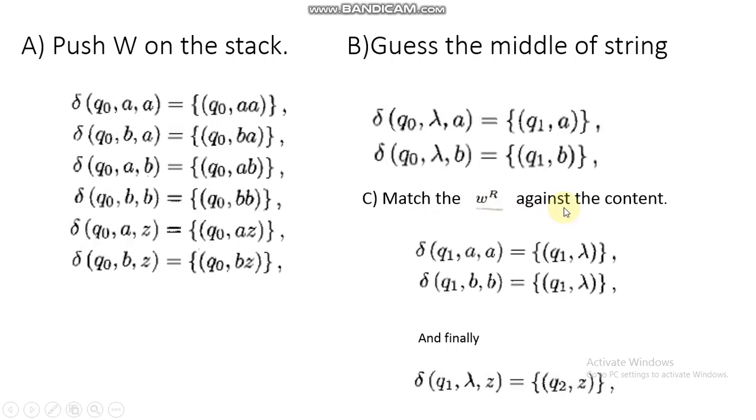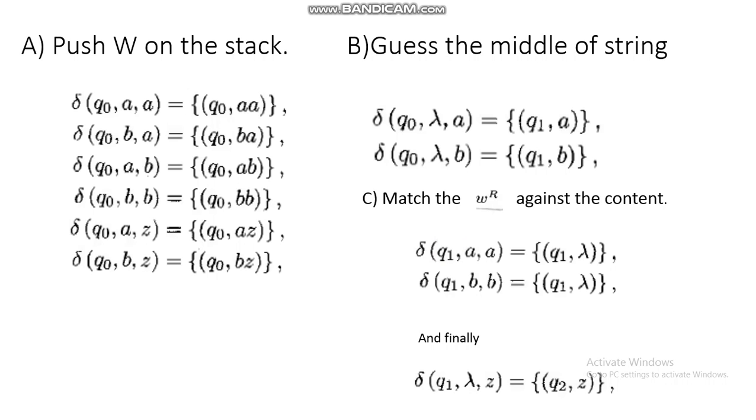Match W reverse against the content. Suppose we have already pushed the values onto the stack. We guess the middle. After that, we have to check whether the string is the reverse of what we have already pushed into the stack.